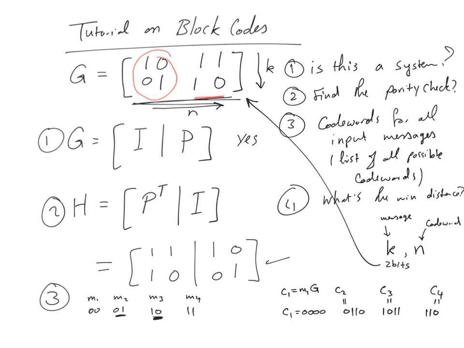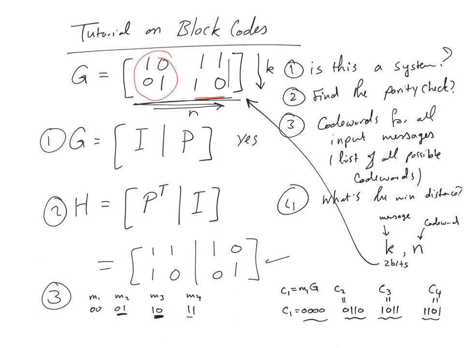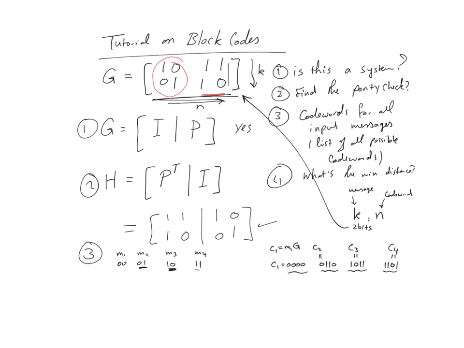And then 1, 1 multiplied by 1, 0 is going to be 1 plus 0, which is again 1. Right? So these are the possible code words that we will get out of this generator matrix, right?